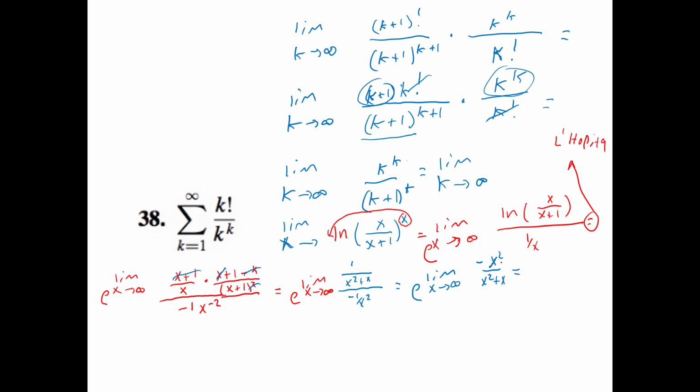The degree of the top is the same as the degree of the bottom, so this limit is negative 1. So you get e to the negative 1, which becomes 1 over e, which is less than 1, therefore it converges. Okay, there you go.